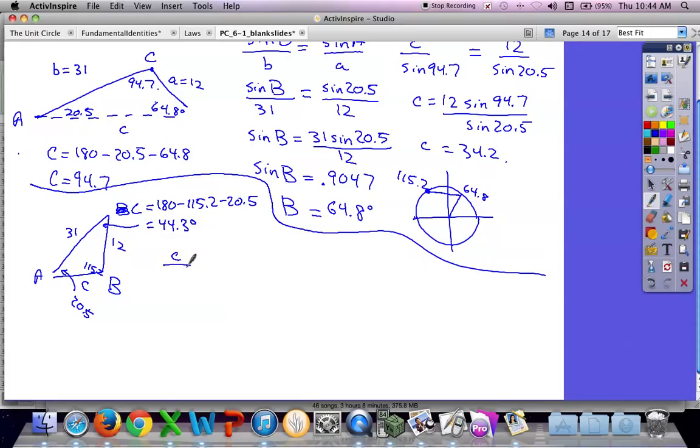So C over the sine of 44.3 equals, I'll use again, 12 over the sine of 20.5. So C equals 12 sine 44.3 divided by the sine of 20.5.